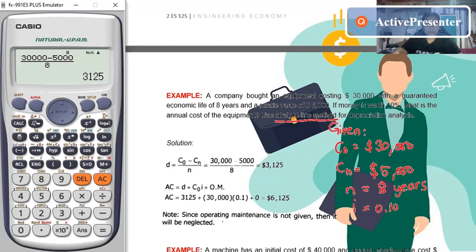So our annual depreciation will be 3,125 US dollar.